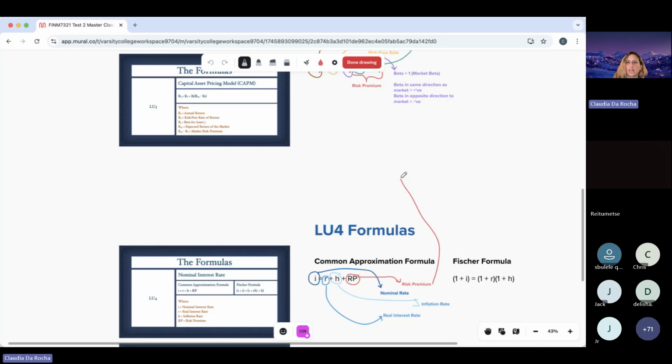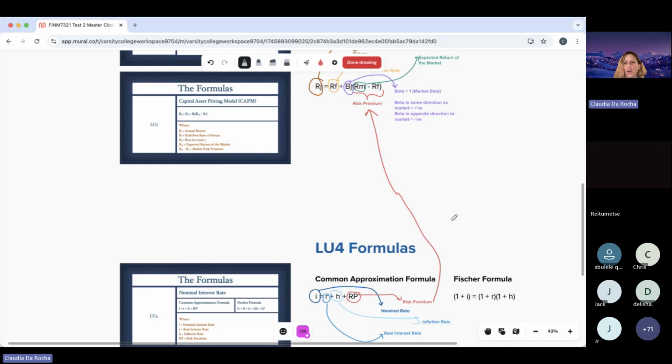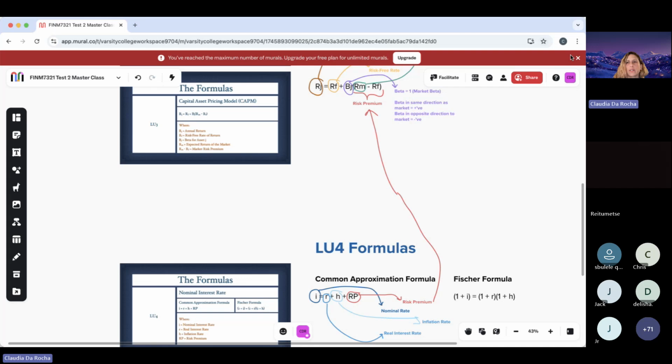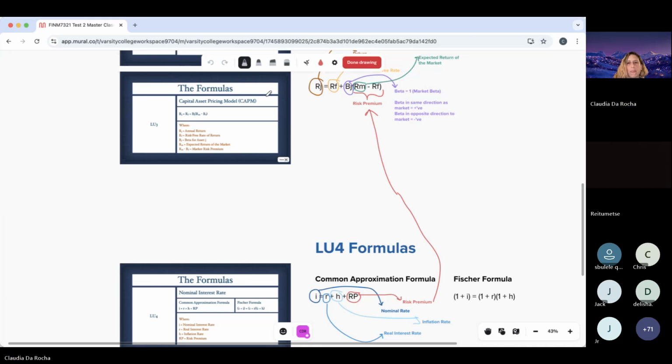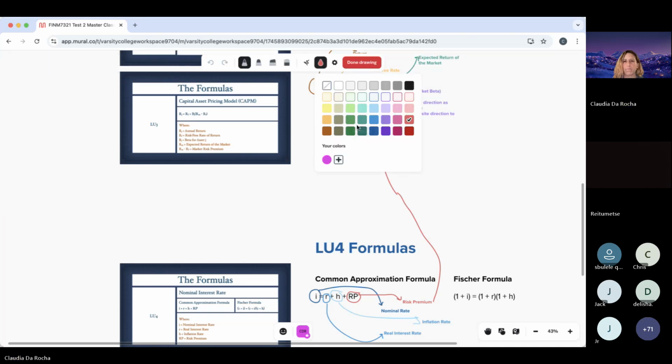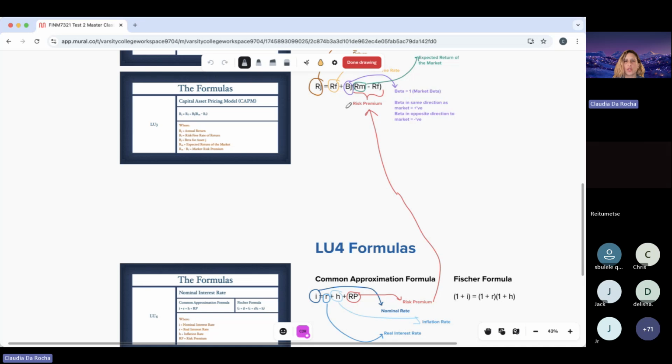Your RM minus RF is the same as this risk premium here. Our risk-free rate is the same as the real interest rate.